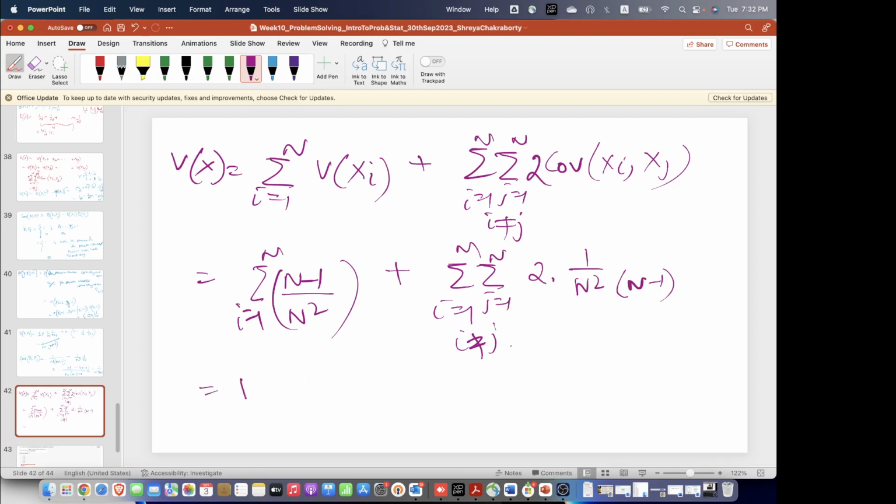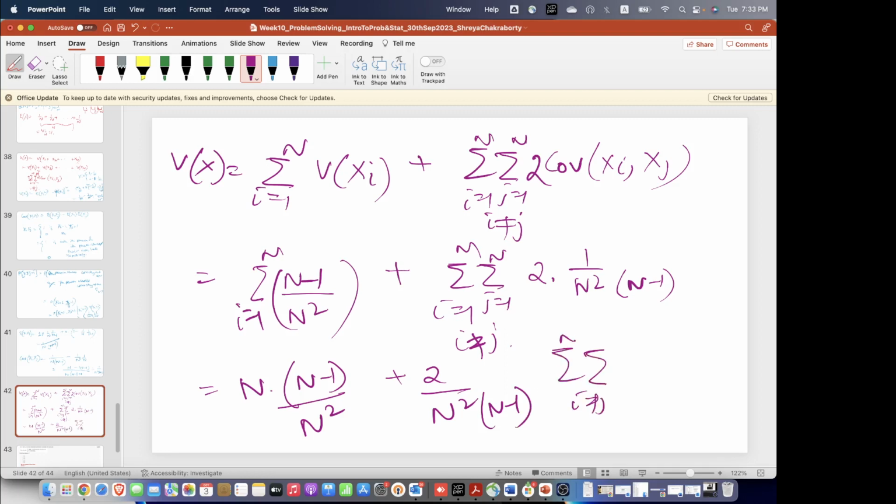So here we have n into n minus 1 by n square plus 2 by n square into n minus 1. Here we are taking summation over i not equal to j from 1 to n. So that would be, out of n we are choosing nC2. So this would come as n into n minus 1 by 2.